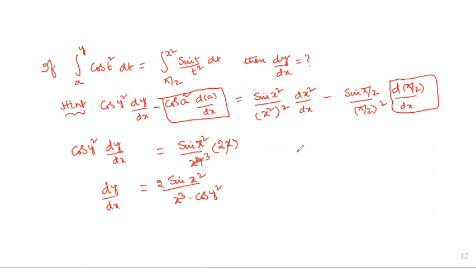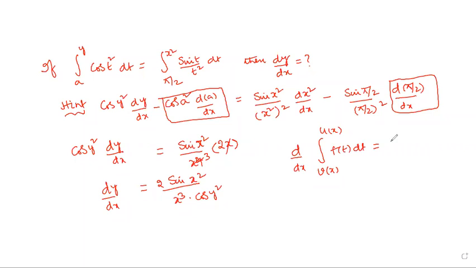Okay? So what is the sandwich theorem? Already you know the sandwich theorem: d by dx of the integral from v of x to u of x of f of t dt.